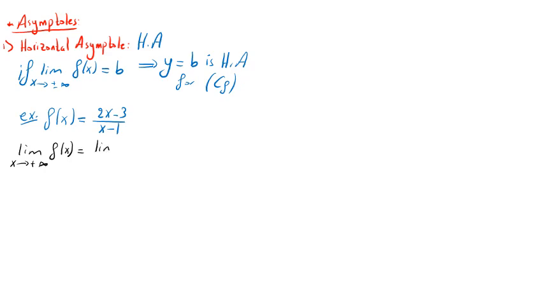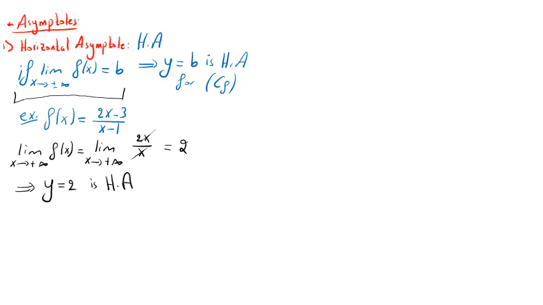We take the leading term in the numerator and leading term in the denominator. Second step, we simplify if possible. We can simplify 2 by 2, x by x, then the answer is 2. We make limit at infinity, the answer is a number, then y equal to 2 is horizontal asymptote at infinity.